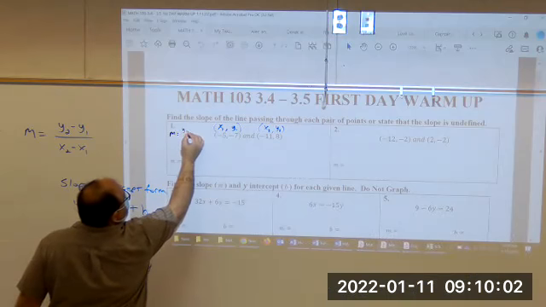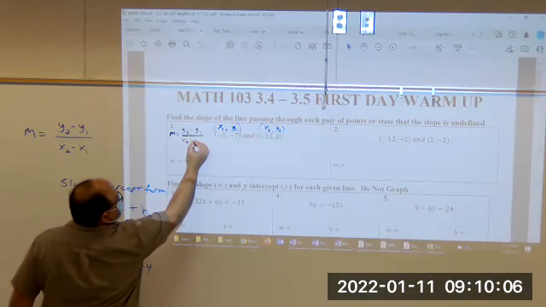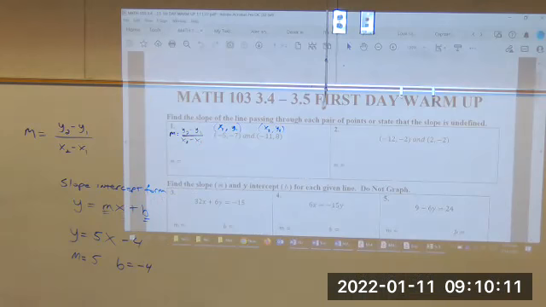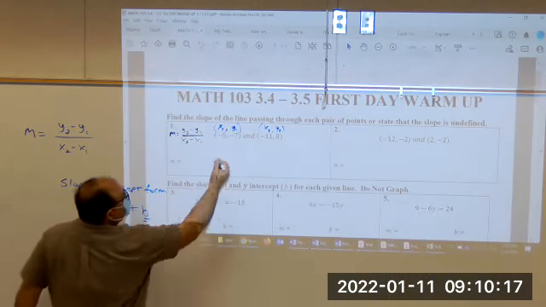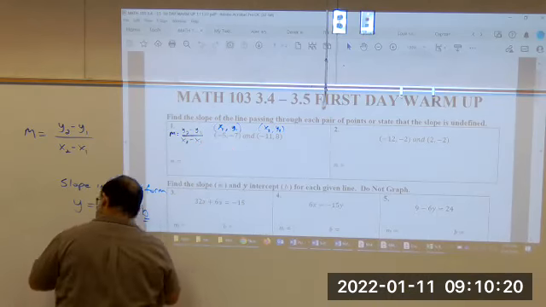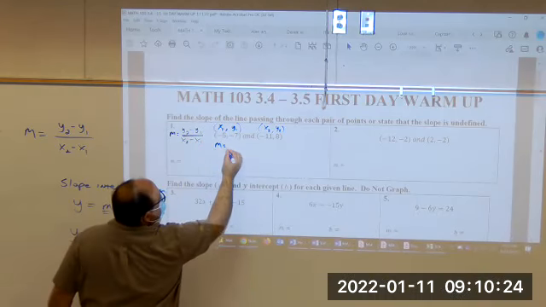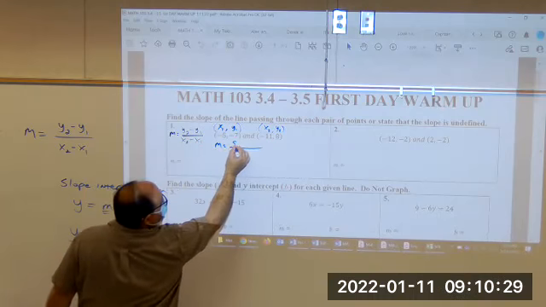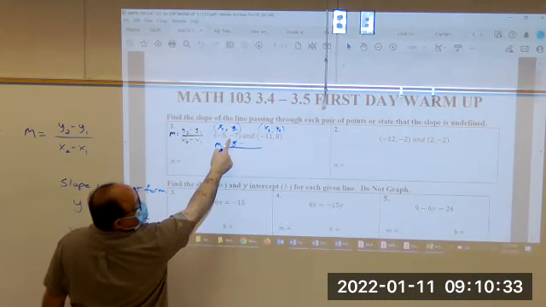So we subtract the two y coordinates and divide by the difference in the x coordinates. So the slope is equal to 8 minus this y is -7.